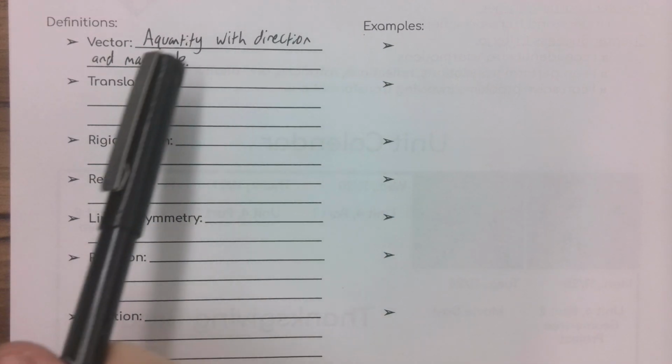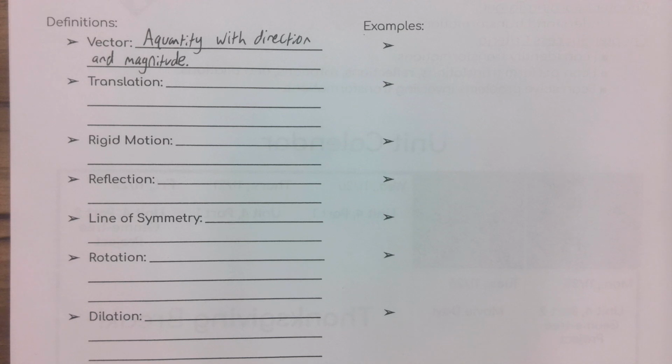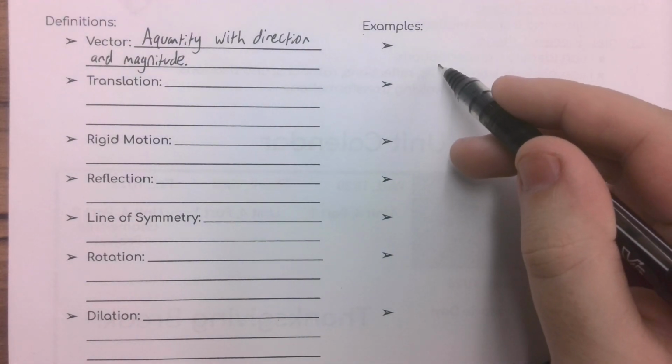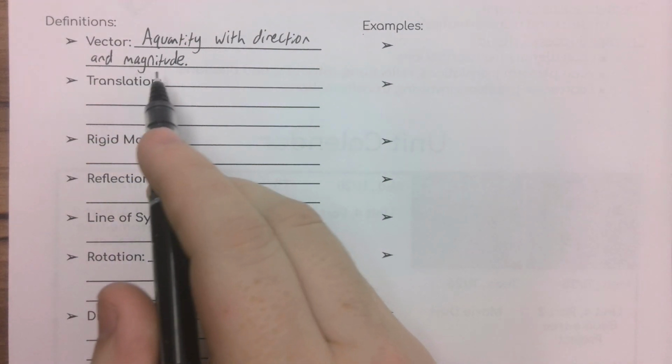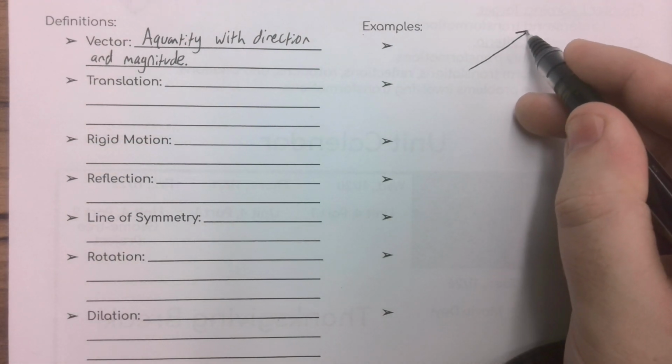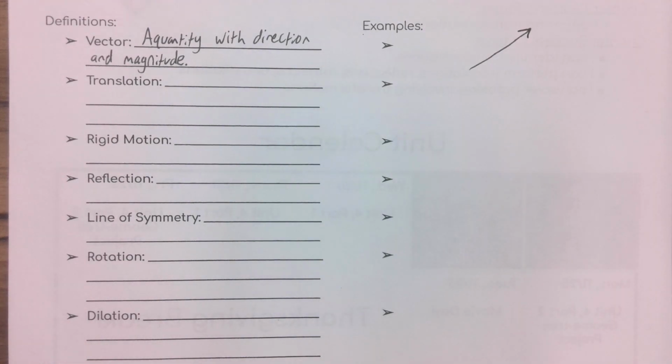Always has direction and magnitude. But what does that really mean? Well, something that does have direction and magnitude, another word for size, is an arrow. So we will usually represent vectors with an arrow.